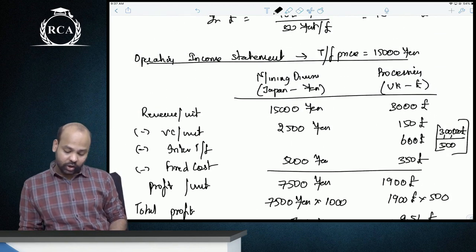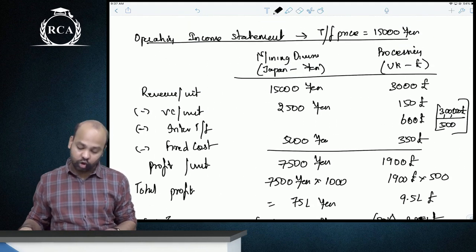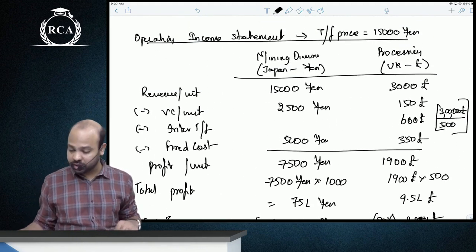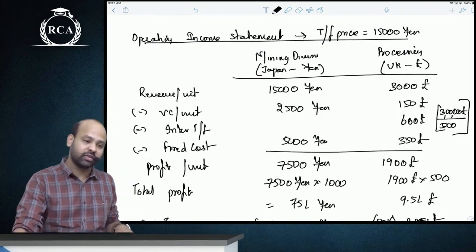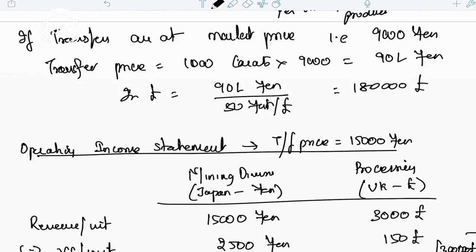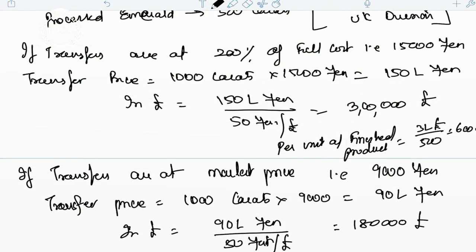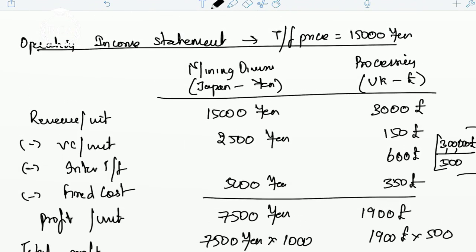So this is the operating income statement, guys, under the first alternative where the transfer price is 15,000 yen. What are you going to do, Beta? You're going to pause the screen and copy this. Class is about to end, Beta. Please pause the screen and copy this, guys. All of you pause the screen and copy this.